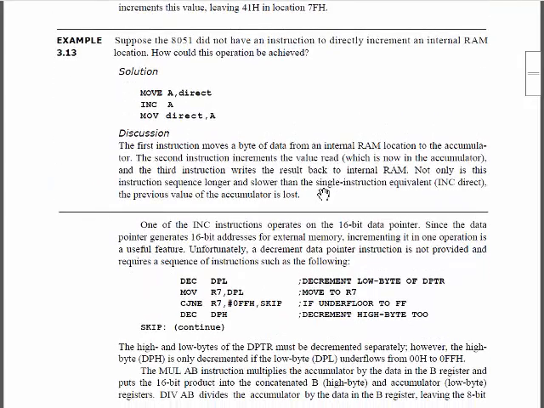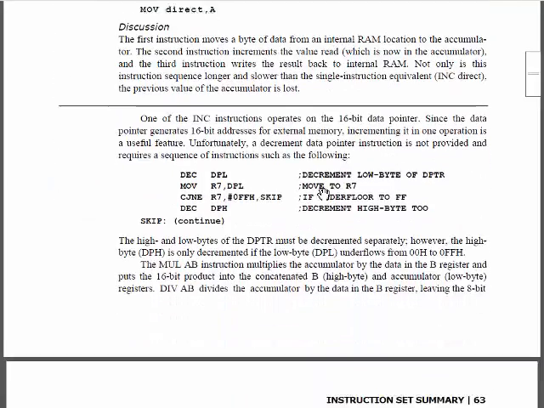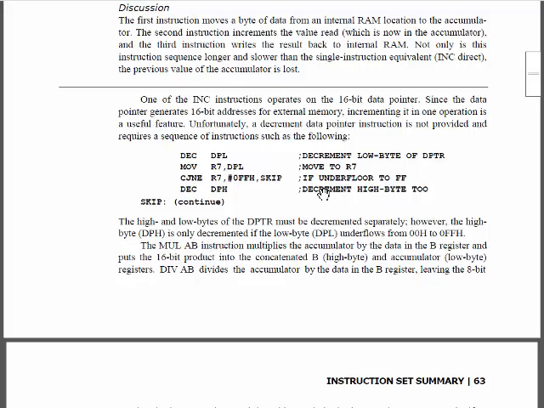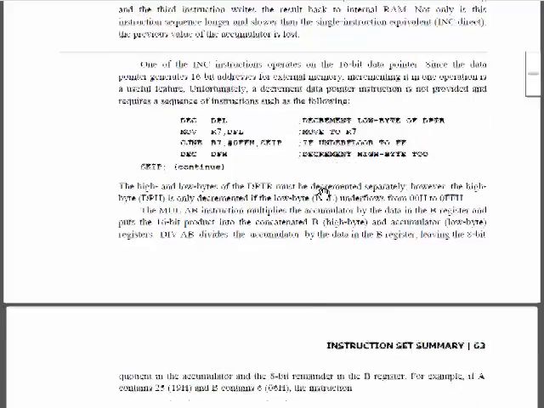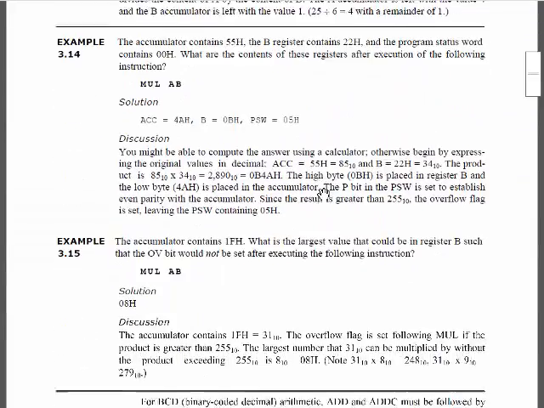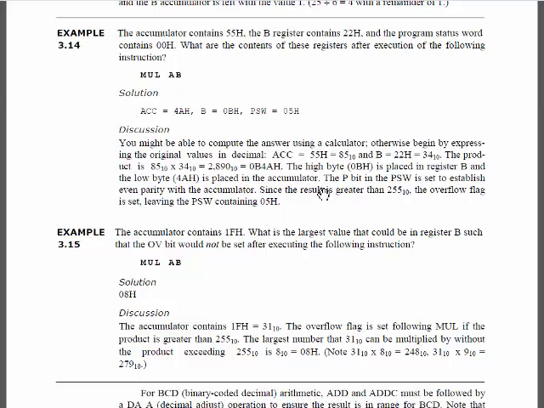Okay. And as I said, we also have the decrement right there, and move R7. I'm going to kind of skip that second part. And then the 8051 does have a command that does multiply, and it just multiplies.